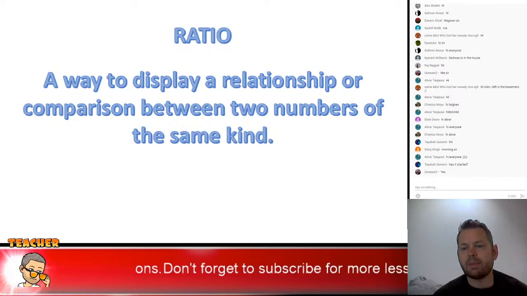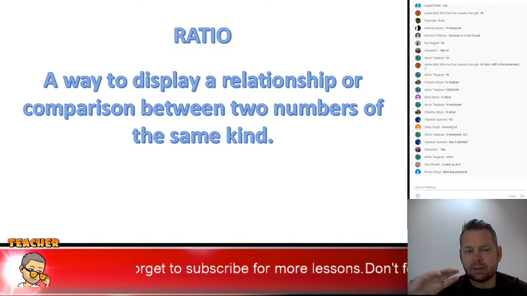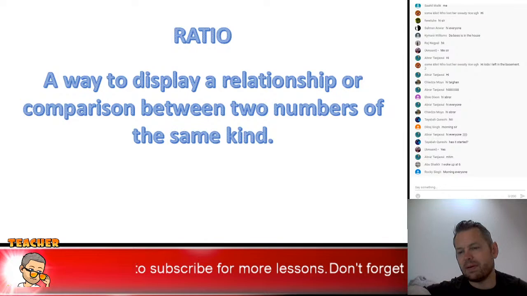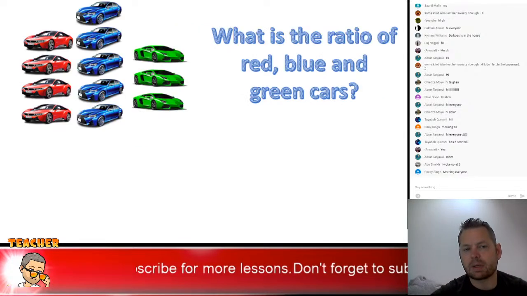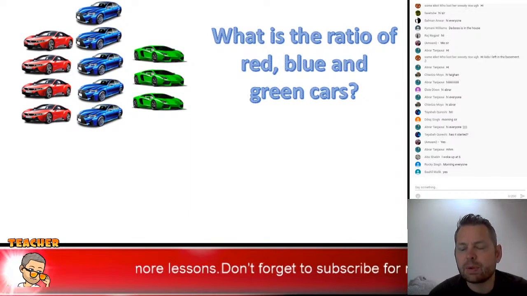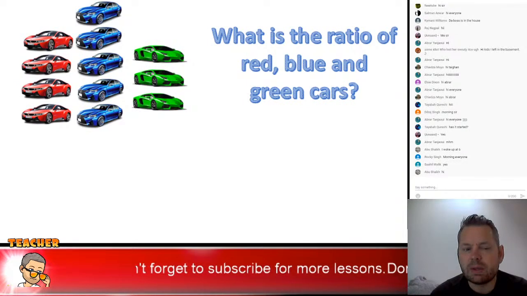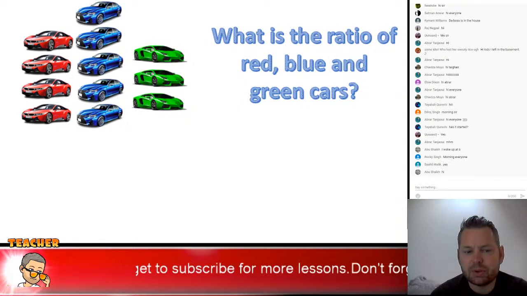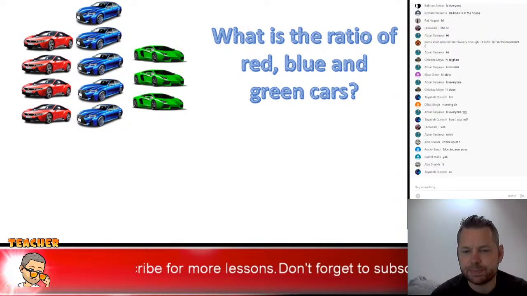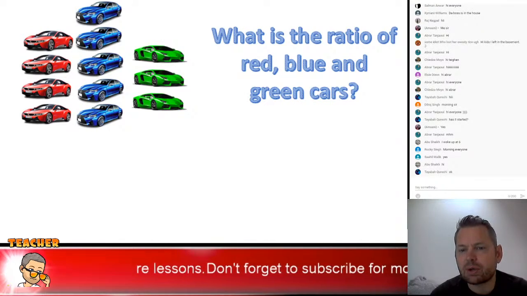And ratio is where we're displaying a relationship between two numbers of the same kind or a group of numbers of the same kind. Okay, so we've got three types of car here, and I'm going to just walk us through the steps of how to look at the ratio of each of these so that when we move through the lesson, we're able to work on ratio properly. Okay, so all we're going to do with each group is count them.